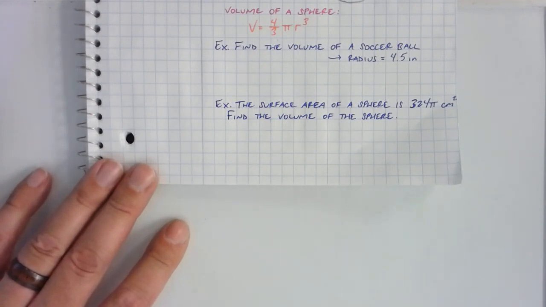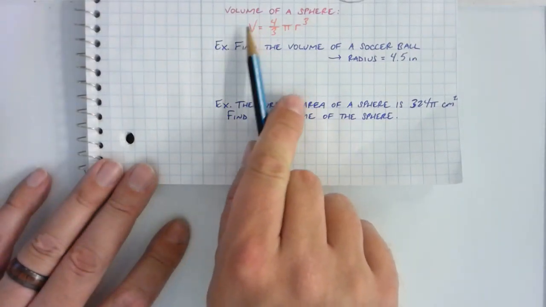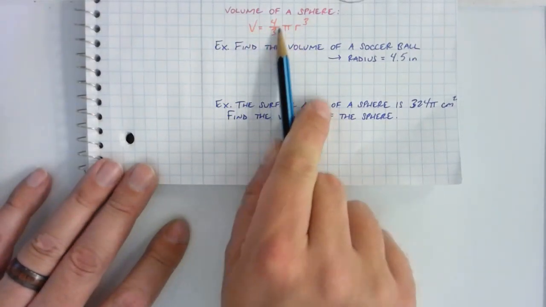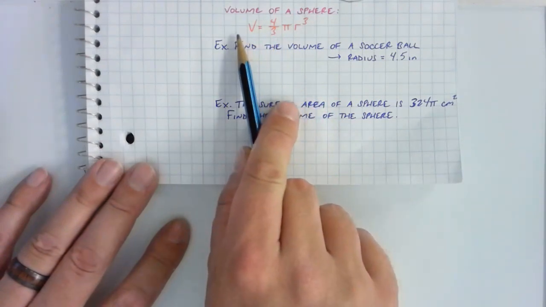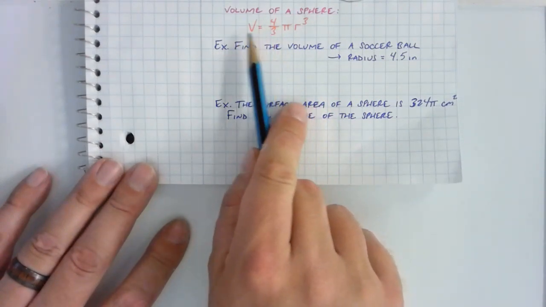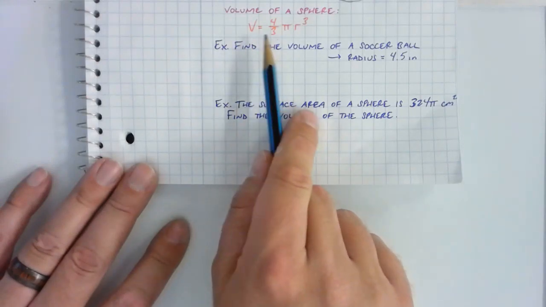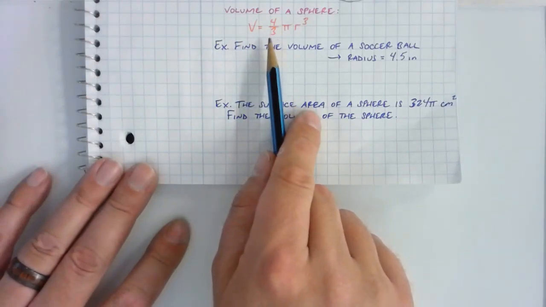The inverse operation here, just to describe this really quickly, if, say, I was given volume and had to solve for radius, the way I would move this 4/3 to the other side of the equation would be by division. So I divide both sides by 4/3. And here's where I'll remind you, anytime you divide by a fraction, that's just the same as multiplying by the reciprocal of that fraction.